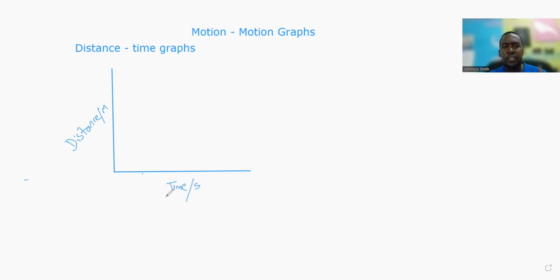Now, a distance time graph could also be a displacement time graph, with the same principle applying. We have different shapes of lines that are interpreted to mean different motion. So let's identify the different shapes that we can have. Let's take a red line, and do one that goes diagonally.